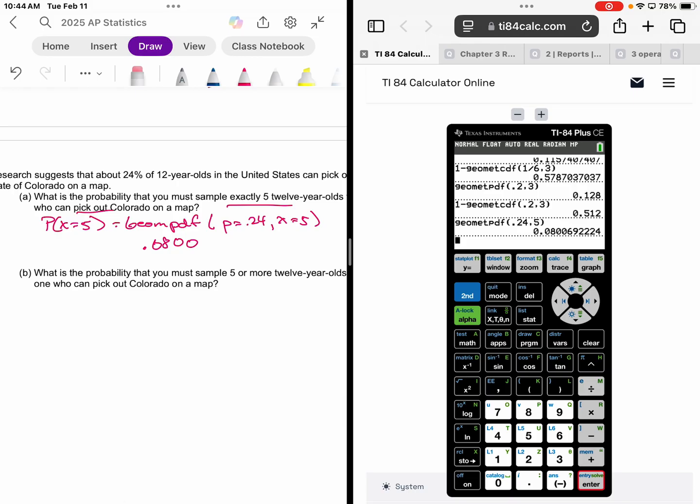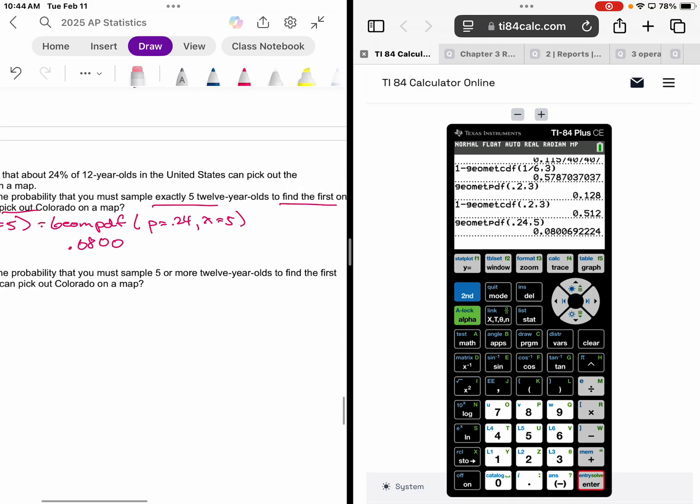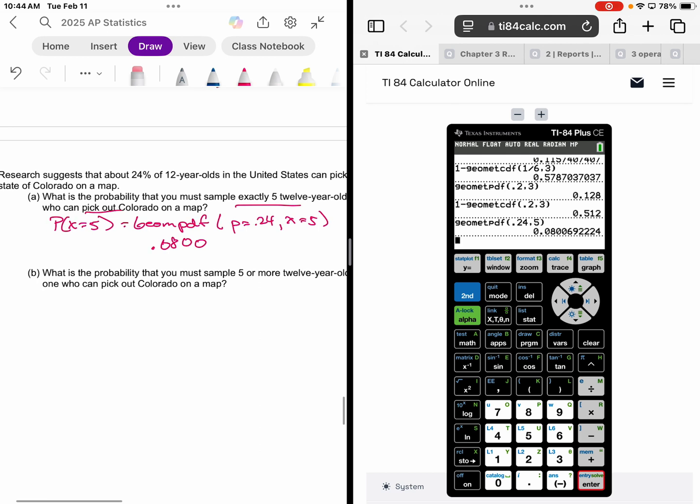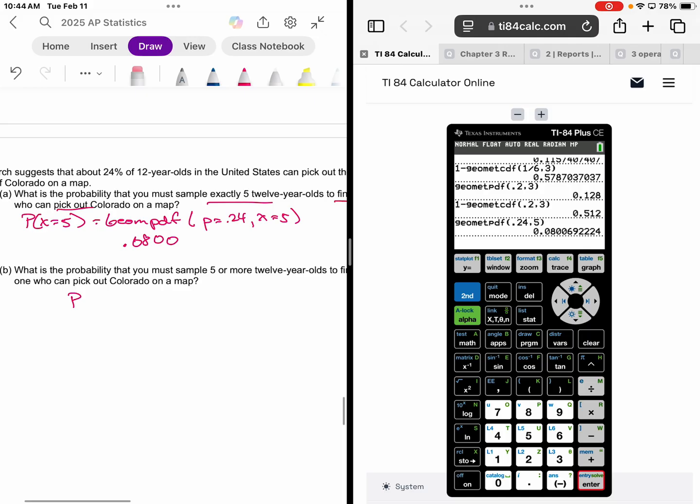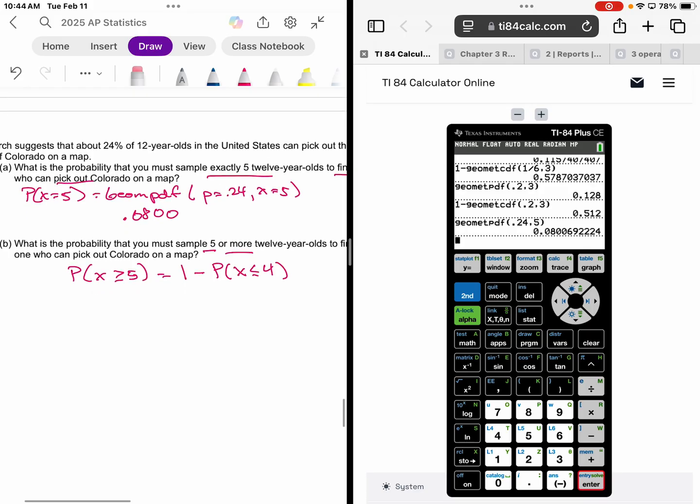What is the probability you must sample exactly 5 to find the first one? And the next one, what is the probability that you must sample 5 or more? I have to do 5 or more, so 1 minus the probability that x is less than or equal to 4. I want 5 in my answer, because it said 5 or more, so I have to go down and put 4 as the x value.